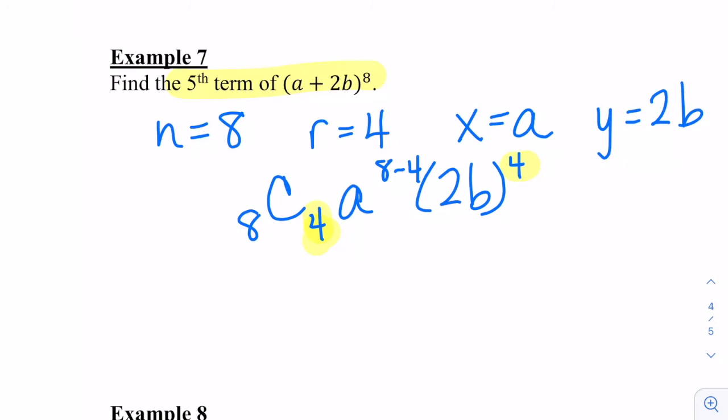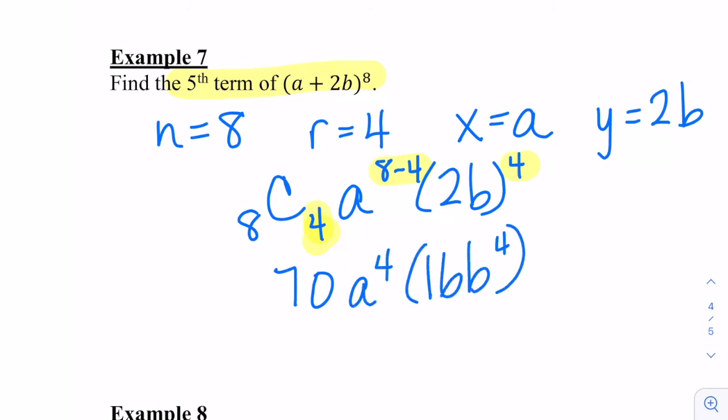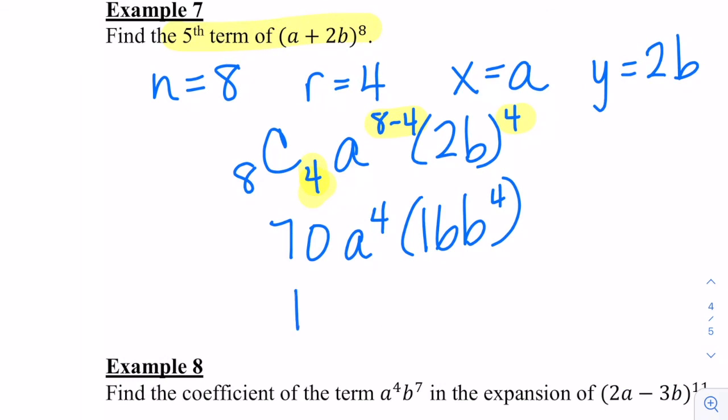And then the difference between n and r will be the exponent for the first variable. All right, 8 choose 4, that's going to be 70. And then we have a to the 4th, 16 b to the 4th. And then 70 times 16 would just be 1,120, and we'll have a to the 4th, b to the 4th.